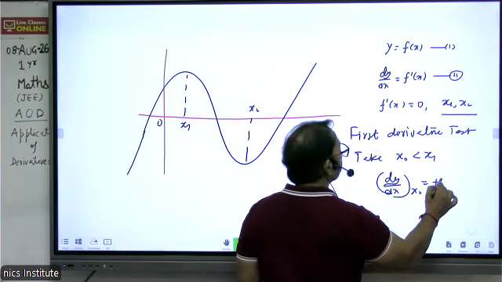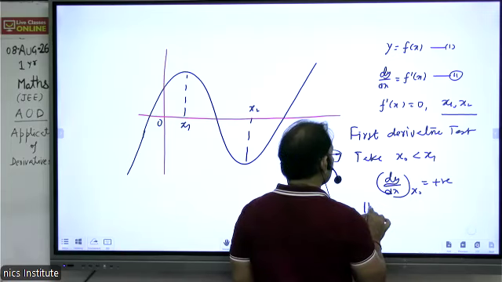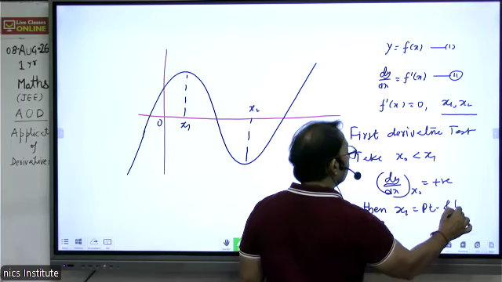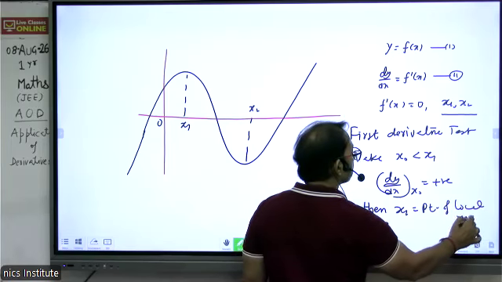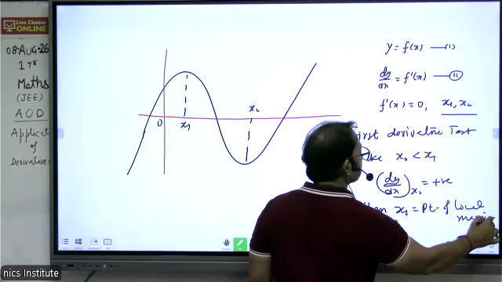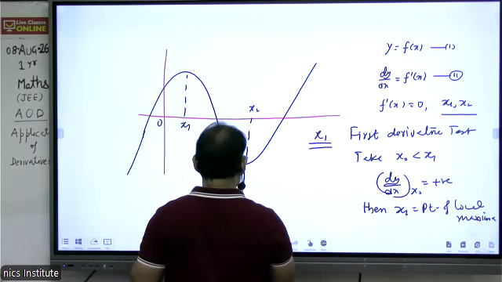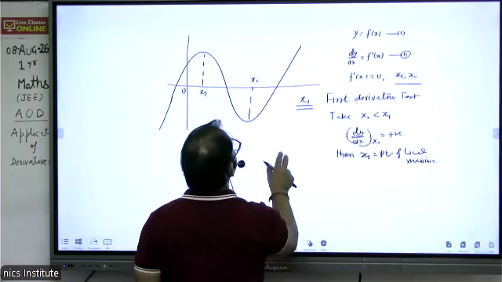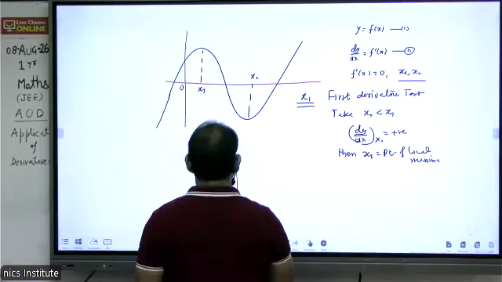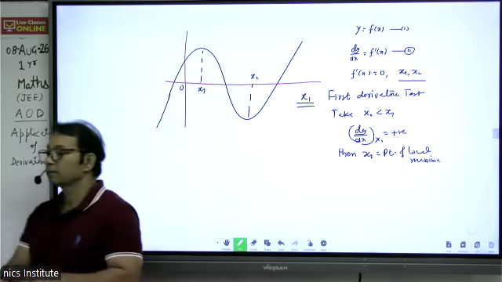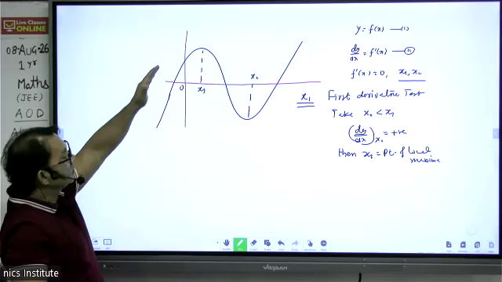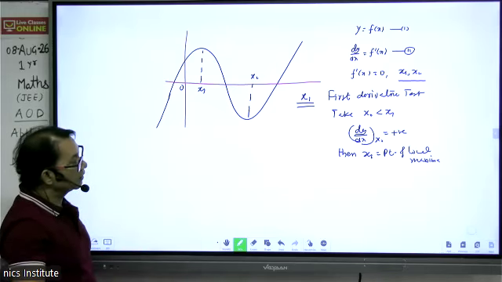If it's positive, then x1 is a point of local maxima. Because on the left of x1, the graph is going up. That is why it is a point of local maxima. Because on the left of x1, it is increasing. Function is increasing.